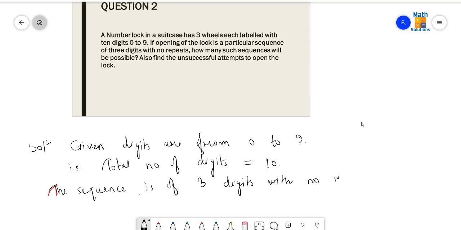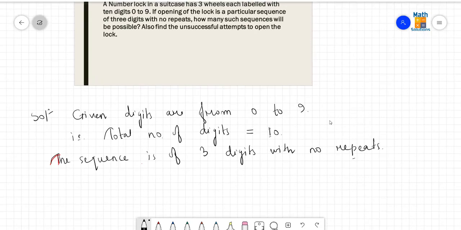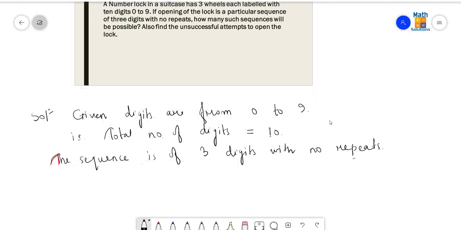Means repetition is not allowed here. So after that, I have to make 3 boxes for filling up. So these are the 3 boxes, 3 places. This is the first one, this is the second one, this is the third one.